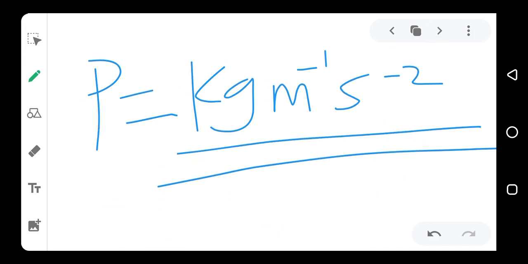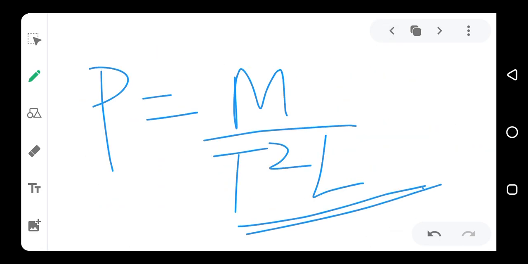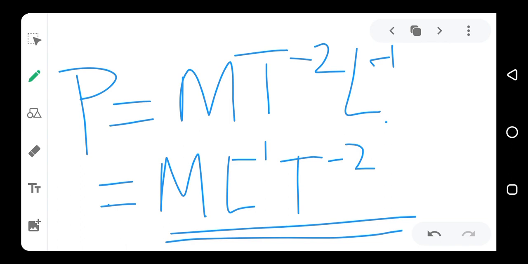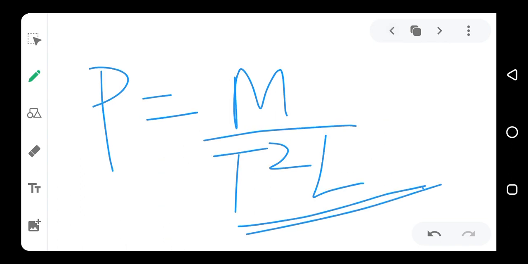Mass is kilogram, then over, time is second, it has superscript of 2, we put it over second raised to power 2, and then the last one is length, and the superscript is 1.